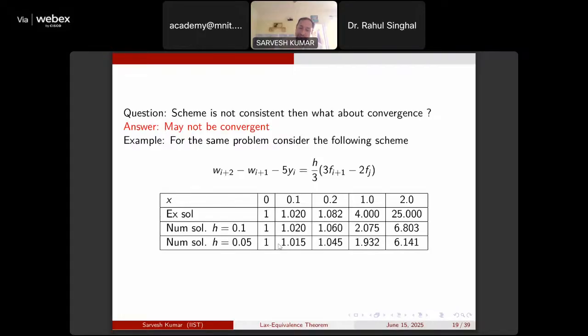Convergence means that if you take h tends to 0, your numerical solution should be close enough to the exact solution, or in some sense, the measure or norm must tend to 0. So we see if you take h equal to 0.05, this is no longer close, and hence we don't have the convergence because this is getting too different.